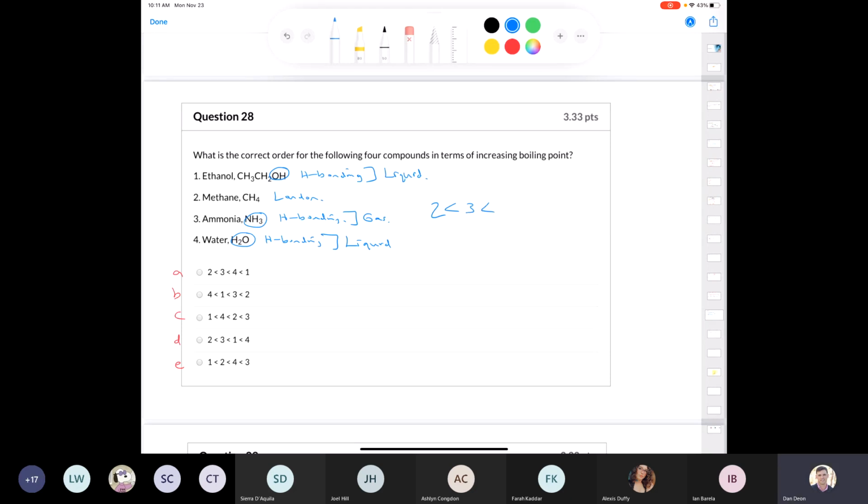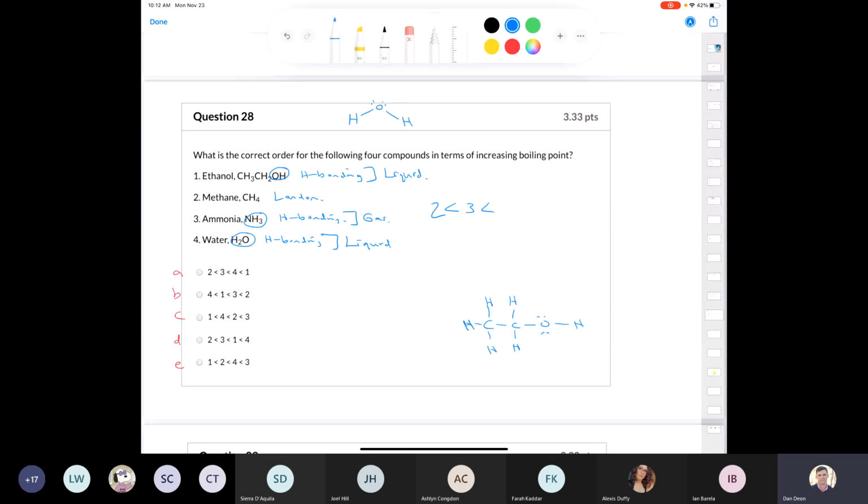Now between water and ethanol, even though water has a lower molar mass, water maximizes its hydrogen bonding potential. Why? Because in water you have 2 hydrogens and 2 lone pairs that are capable of hydrogen bonding. In ethanol, you have 6 hydrogens and 1 oxygen.